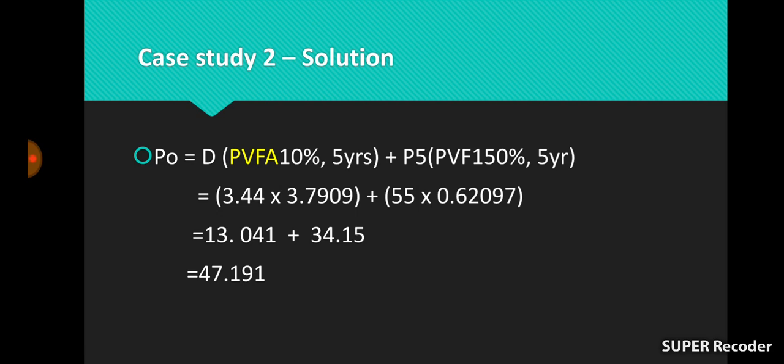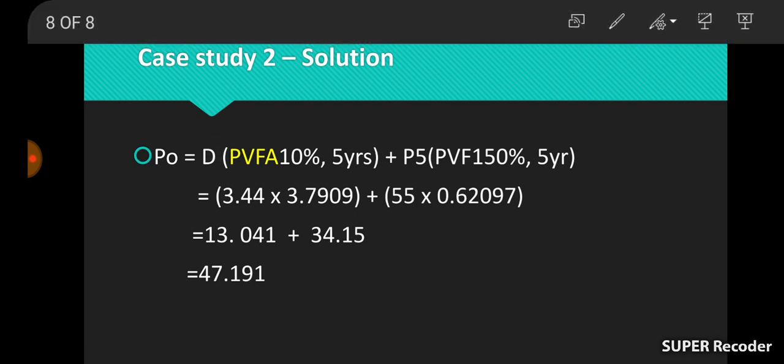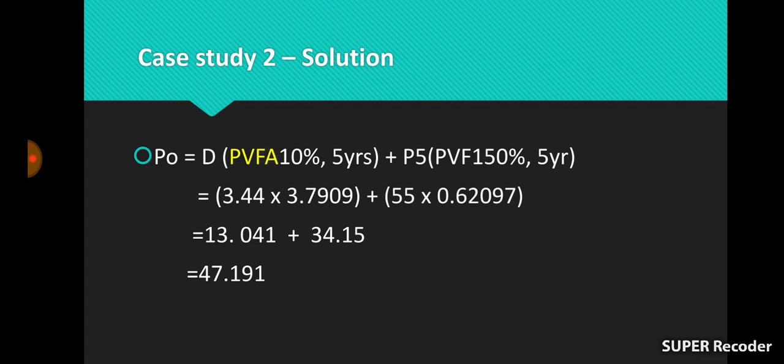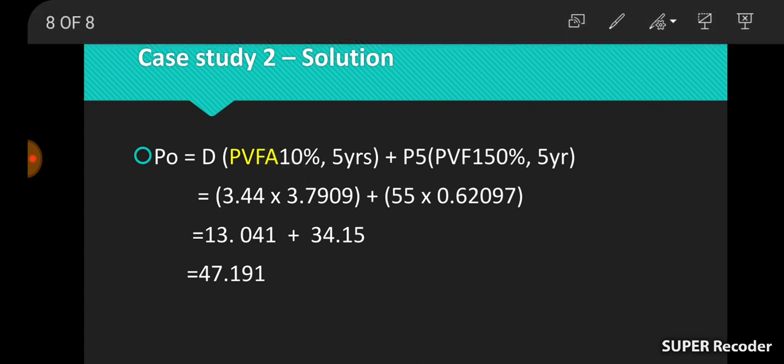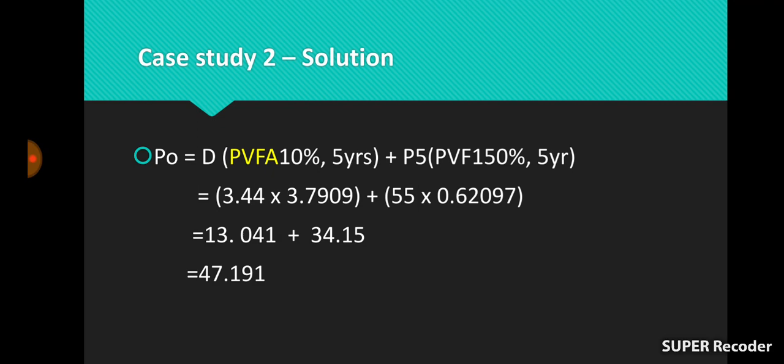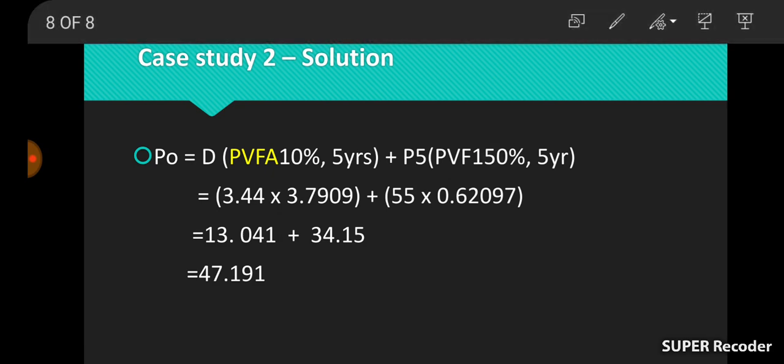So here we are applying the present value factor annuity table for calculating the present value factor. So D into present value factor annuity at 10% for 5 years, plus P5, that is the selling price at the end of the 5th year, into present value factor at 10%.